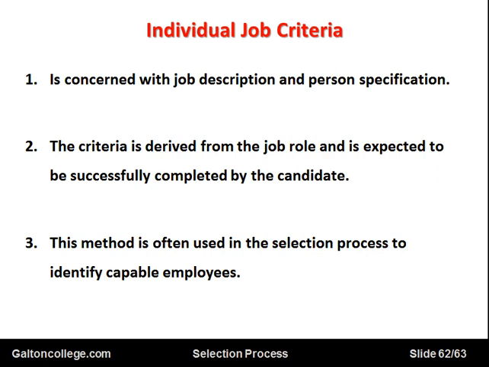So it's often the case that job roles are set out, and in the selection process employees are asked to tick boxes as to what talents, skills, experiences, qualifications they've got in particular areas.